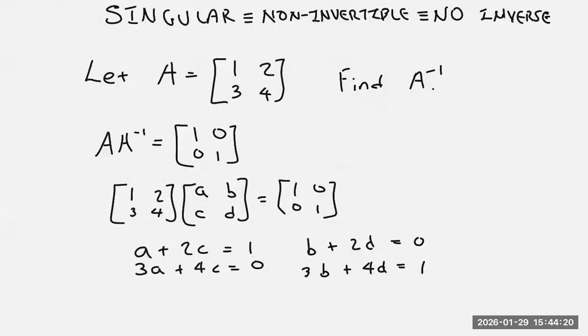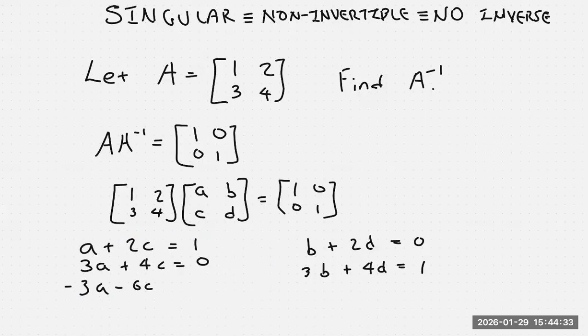I'm going to use negative 3. So negative 3 times that gives us negative 3A minus 6C. I should have labeled them so you know what I'm doing. So this is A and this is B.